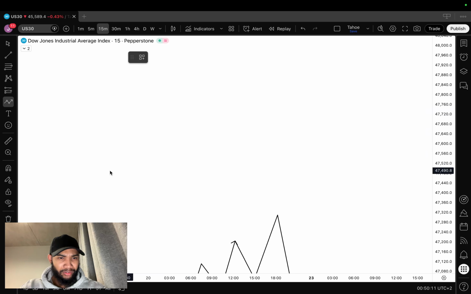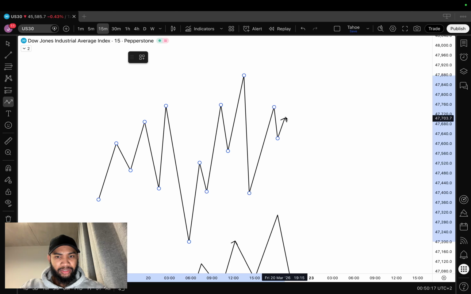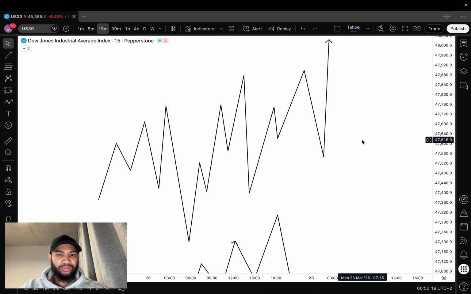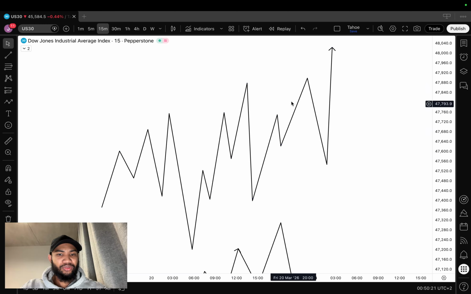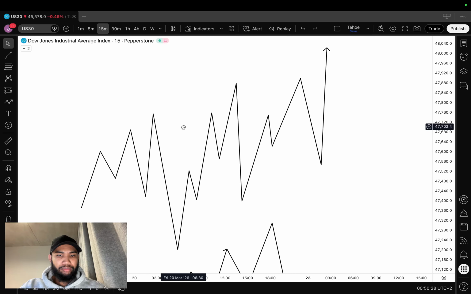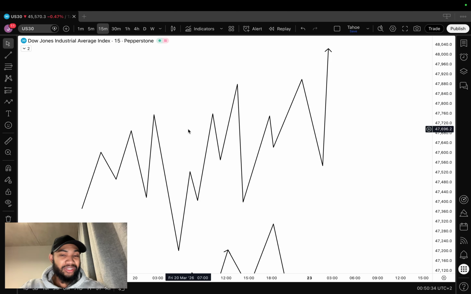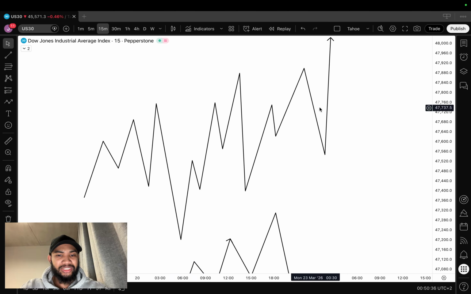The market will look something like this. This is what the market would look like, just all complexity. And the change of character creates a basic format, structure, in an organized fashion. But that is what traders want, and that's not how the market is.